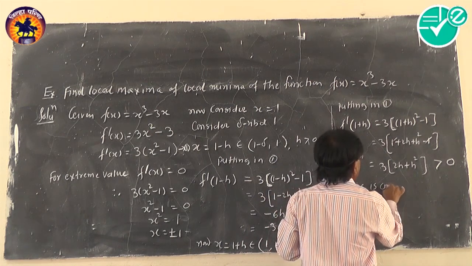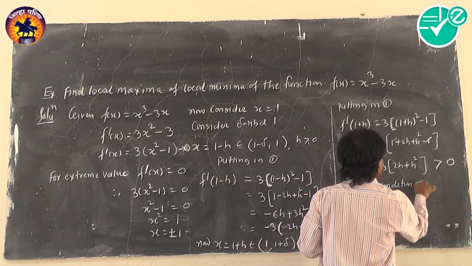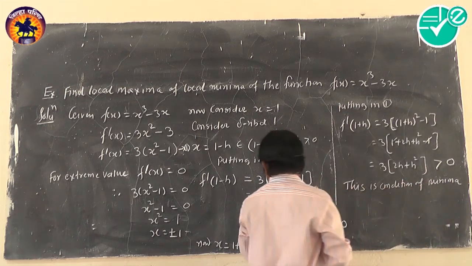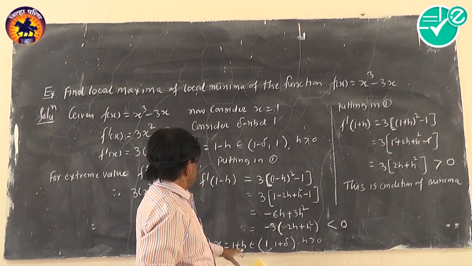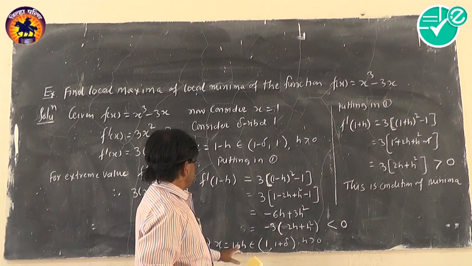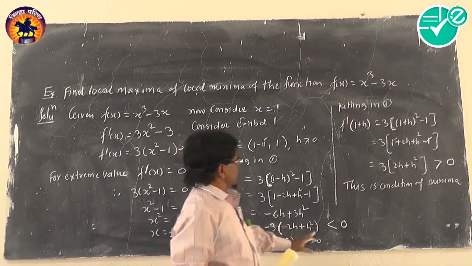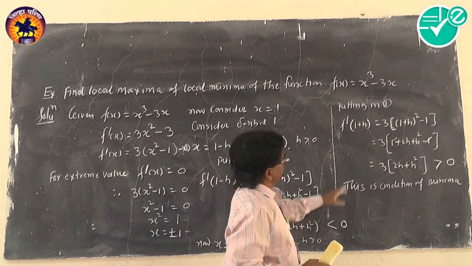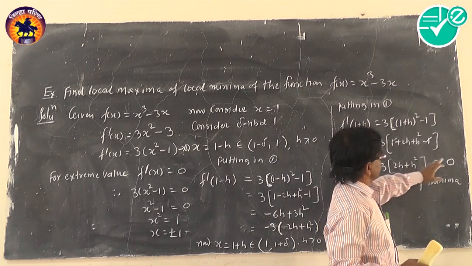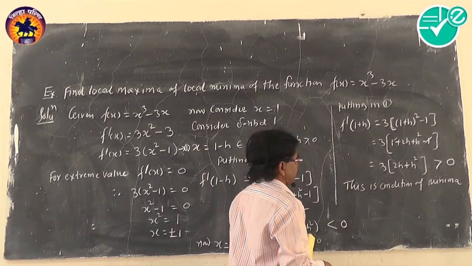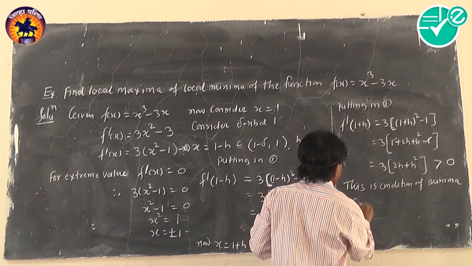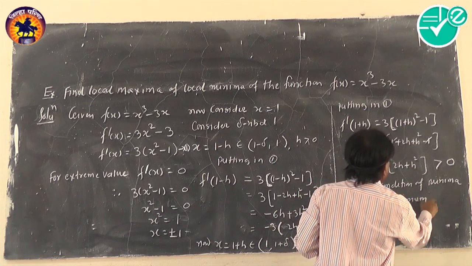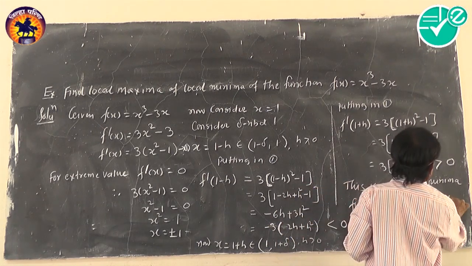This is the condition of minima. Therefore f of x is a minimum at x is equal to 1.